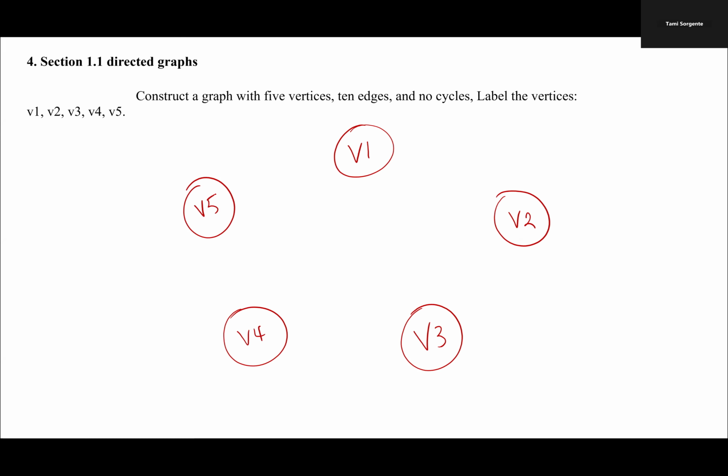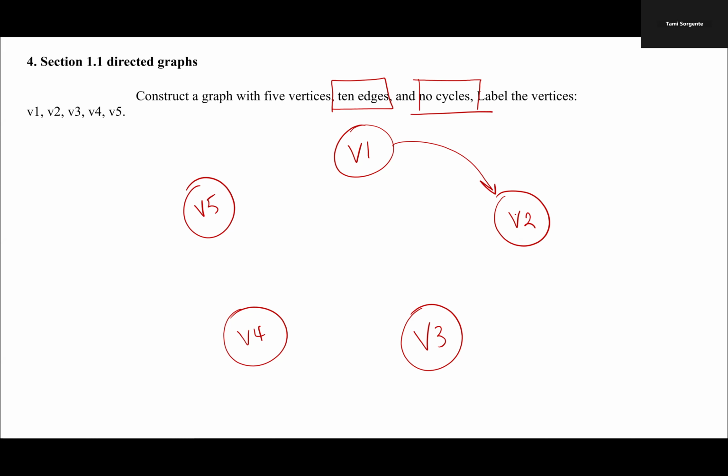So we need to make 10 directed edges. If I do one like this, that is not acceptable because that creates a cycle. So the rule is I have to have no cycles. That means if I have an edge that goes from V1 to V2, I cannot have an edge that goes back from V2 to V1.